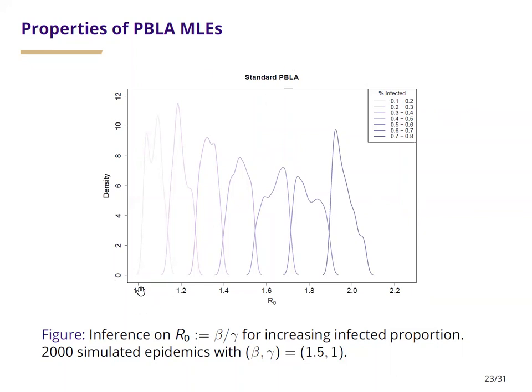Namely, we see as the purple gradients for the infected proportion grow, our estimates for R naught also grow. Now this is quite concerning because we want to see that we're getting an estimate of the true R naught, which is the simulated truth, 1.5, but we're all over the board depending on how many people are infected.